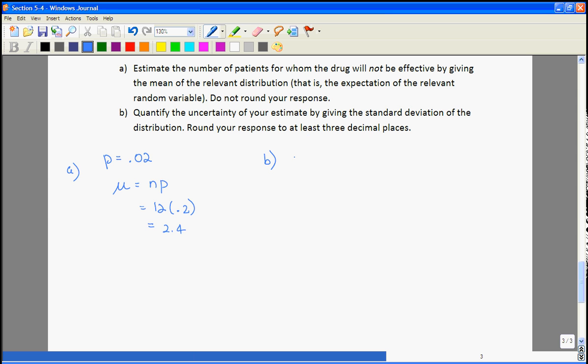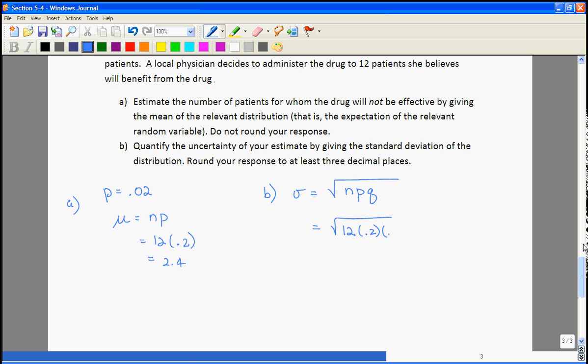So remember, the standard deviation is the square root of the variance, which is npq. The number of trials, patients, is 12. The probability of not being effective is 0.2. And the probability of being effective is, oh, it's not 0.2, my goodness. It's 0.02. So that changes things here. That's 0.24.